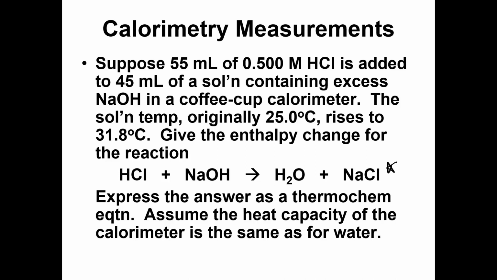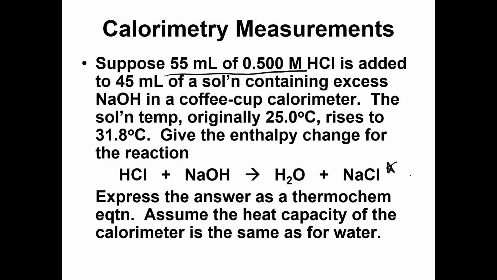The heat is given off, and so if I add 55 milliliters of 0.5 molar solution HCl to 45 milliliters of excess sodium hydroxide, then I know that my limiting reagent is going to be the 55 milliliters of 0.500 molar solution. From that I can calculate the number of moles, and if I can calculate the heat that's given off by those moles, then I can calculate delta H for this reaction.